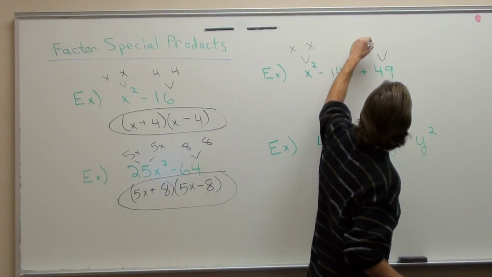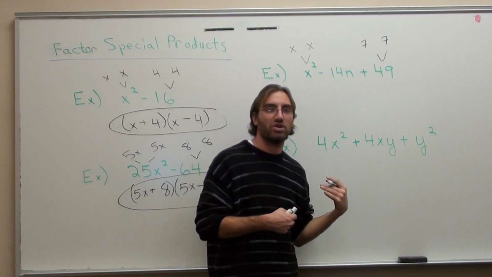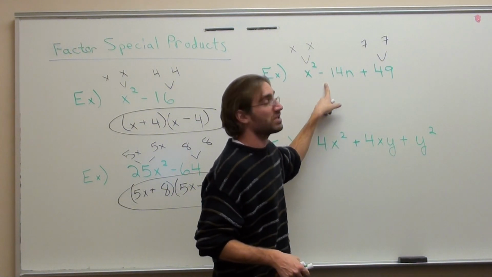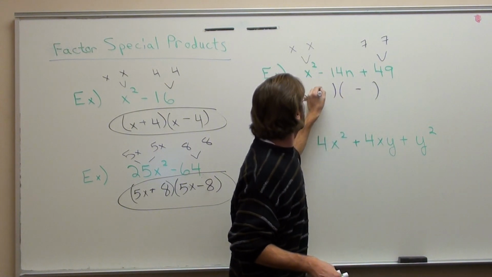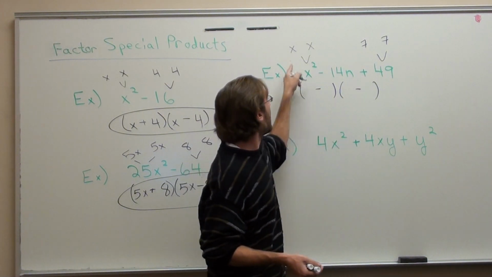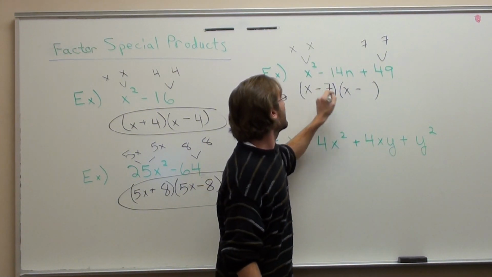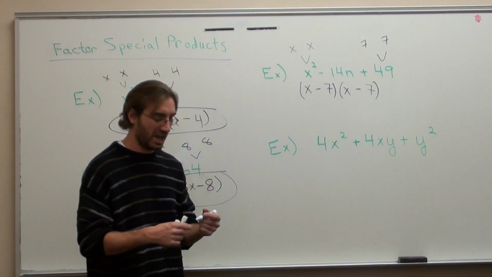It only works when that's the case, when the last term and the first term in a specific trinomial are perfect squares. The last term is positive, but the middle term is negative, which means the signs are both negative. x minus 7, x minus 7. Done. Next one.